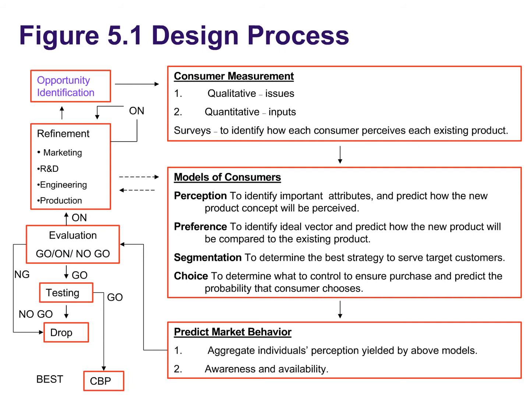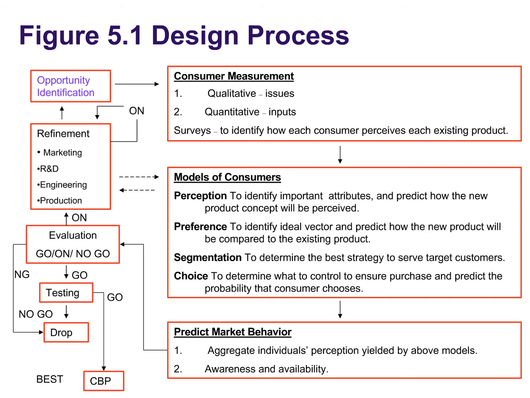We also analyze customers' preferences by preference analysis, and determine which segments should be our target segments. Then we devise the best strategy to serve them, and predict the likely purchases from our consumers' choices.